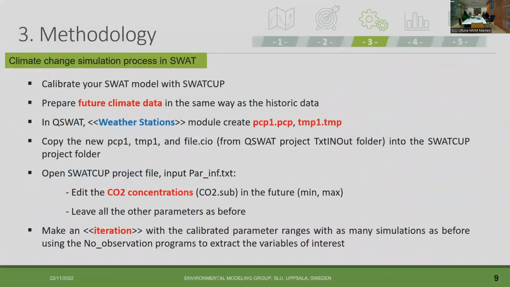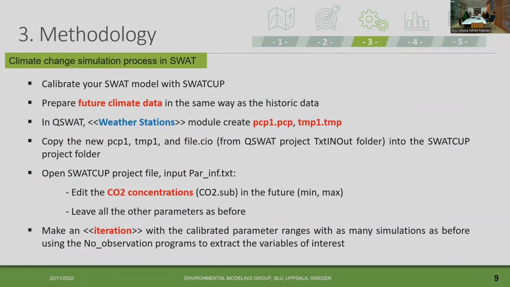So to simulate climate change using the SWAT model, the process is, once you have calibrated your model and obtained what you presume is the best set of parameters, then you change your climate data.